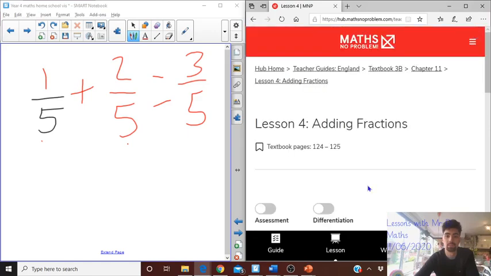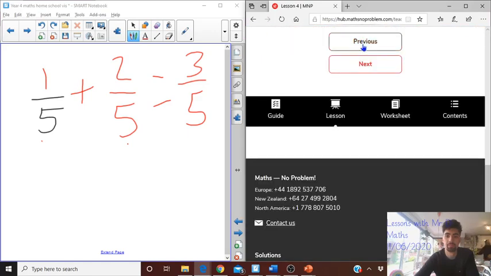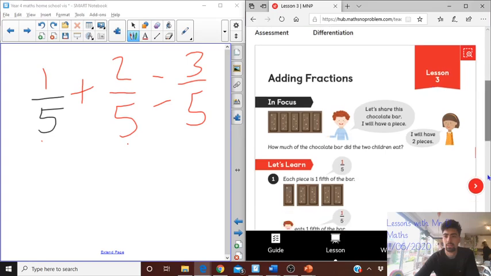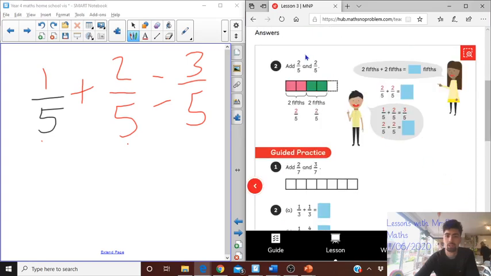Another one. So they haven't done it in chocolate pieces. They've just turned the bits into a bar. But this time it's 2/5 and 2/5.